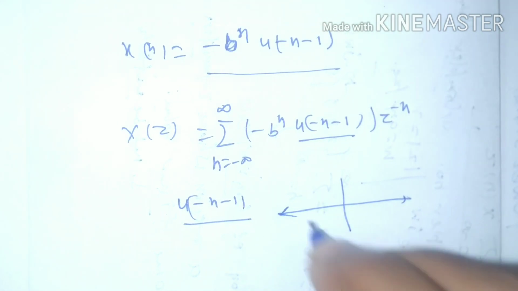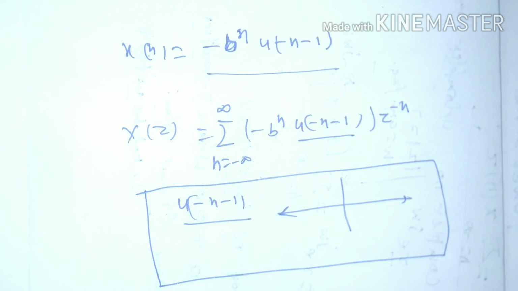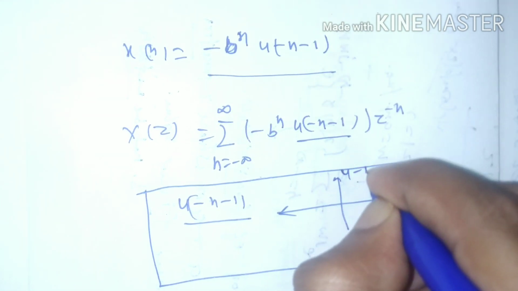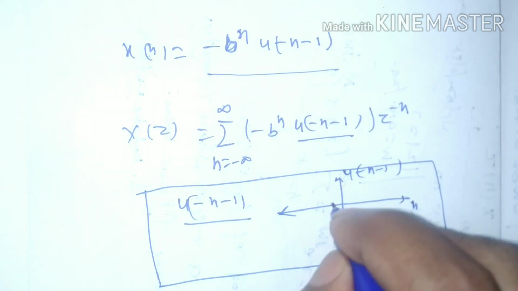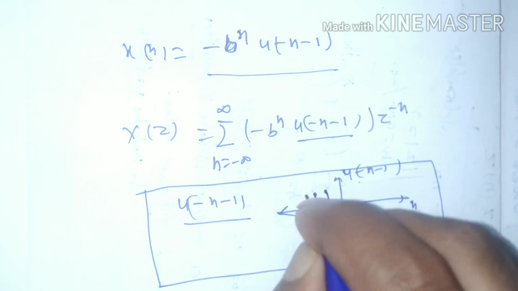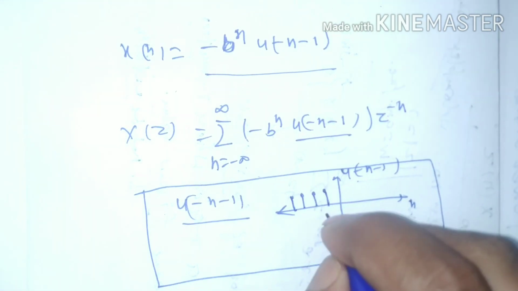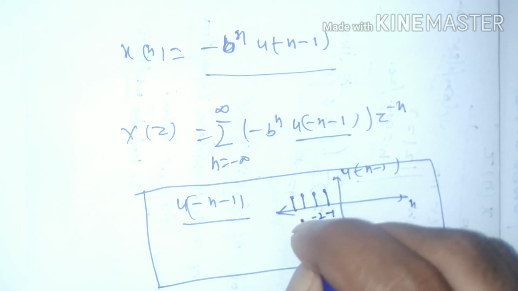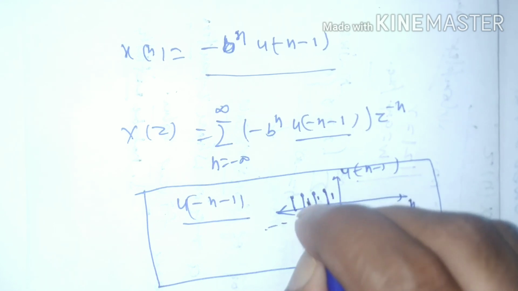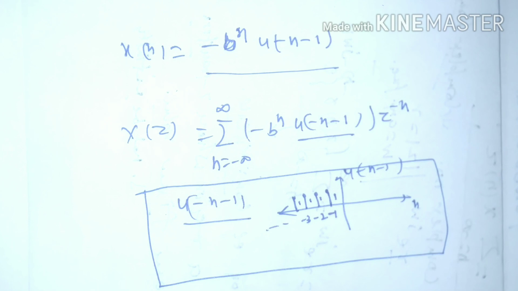We know that u[-n-1] is a signal that lies on the left hand side of this axis. It will be at minus 1, minus 2, minus 3 to minus infinity, and its amplitude will be 1. This is u[-n-1].